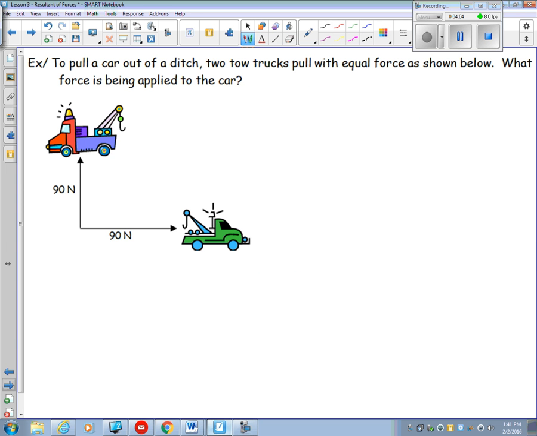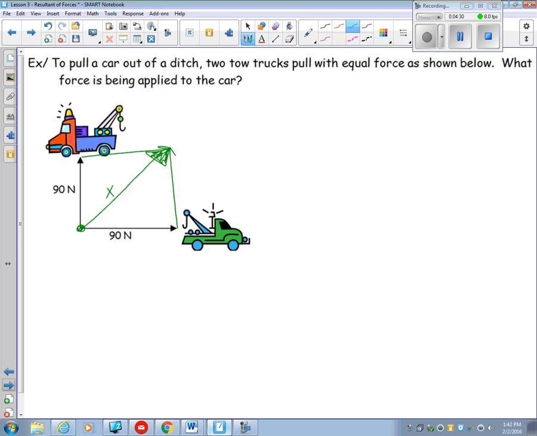We're trying to pull a car out of a ditch. Two tow trucks are pulling with equal force, and they're joined tail to tail. How much force do they have to apply to the car, or what force was being applied to the car? So think about our parallelogram. If I rejoin it and rejoin it, the tails to the heads would be my force, right?